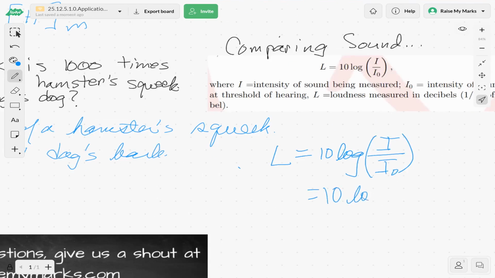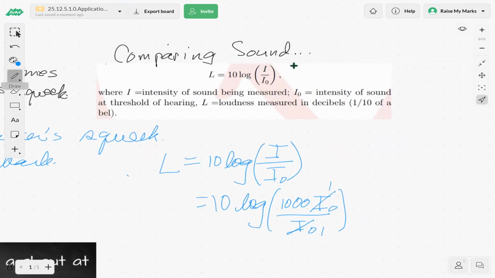The intensity of our dog's bark is 1,000 times that of the squeak of a hamster. So 1,000 times I0. This means we can cancel out our I0s and we're left with L equals 10 times log of 1,000.